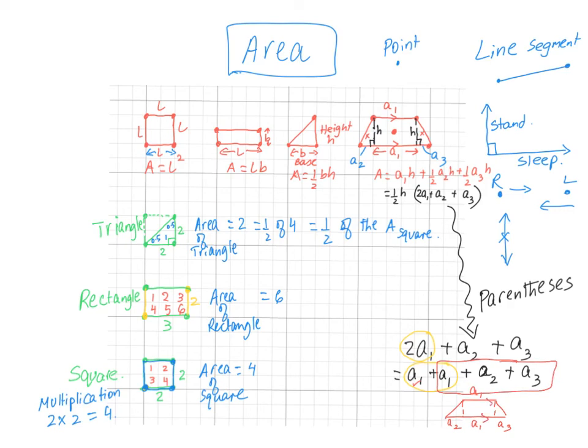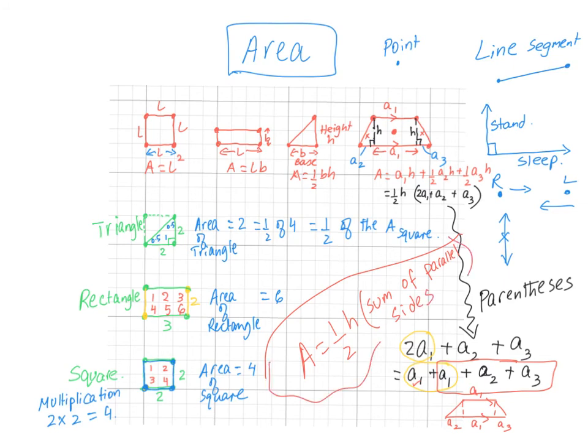So the area of a trapezoid ends up becoming this: half times h times the sum of the parallel sides. So this will be handy for you. Similarly, you can use circles and so on to prove.